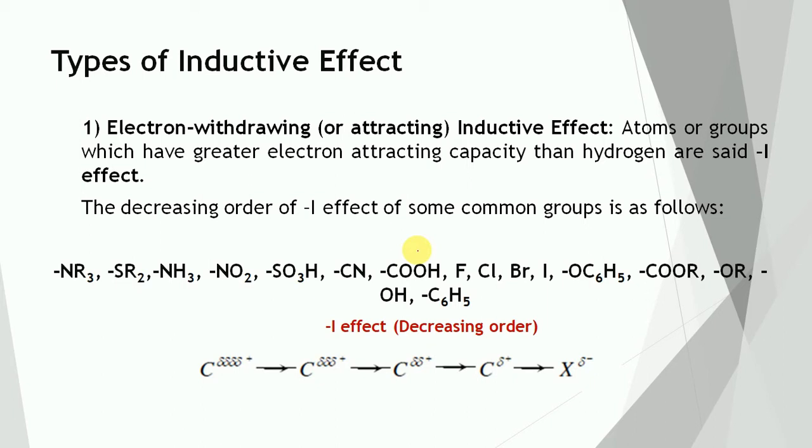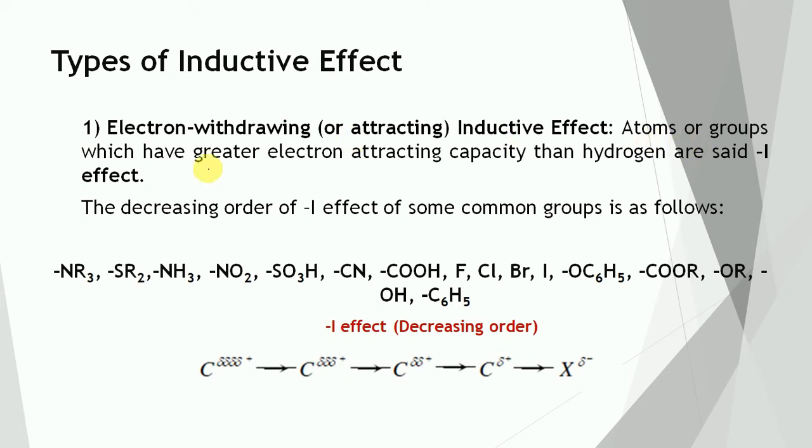Types of inductive effect. Inductive effect is a relative effect and may involve attraction of electrons toward a group or repulsion of electrons away from it. So on the basis of attraction and repulsion, there are two kinds. The first one is the electron withdrawing or electron attracting inductive effect. Let us explain it.